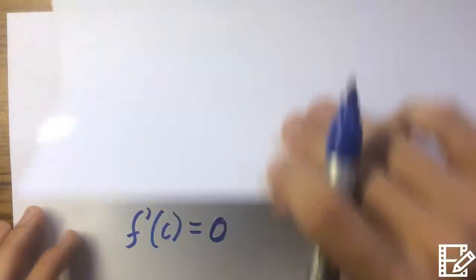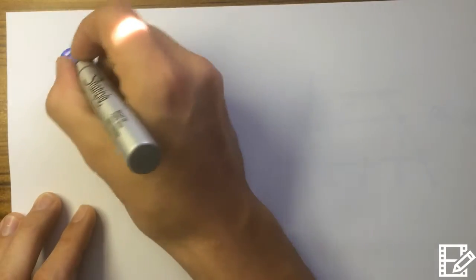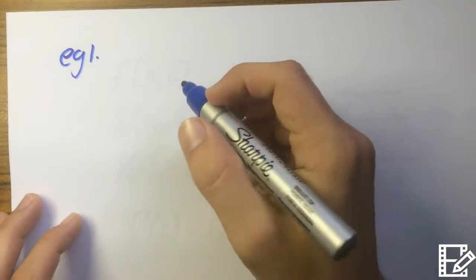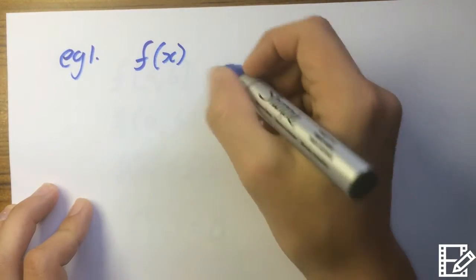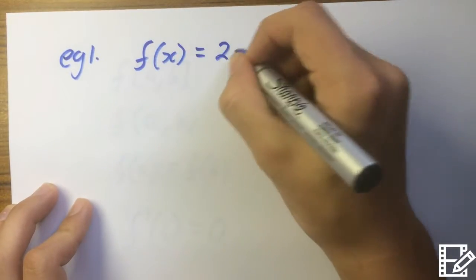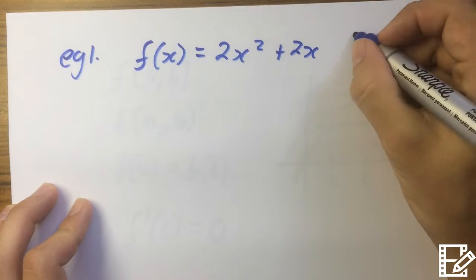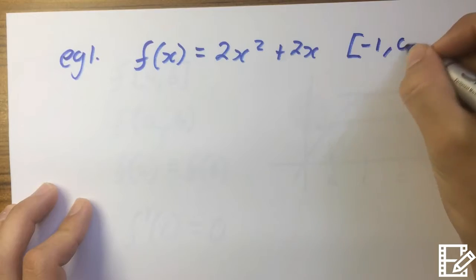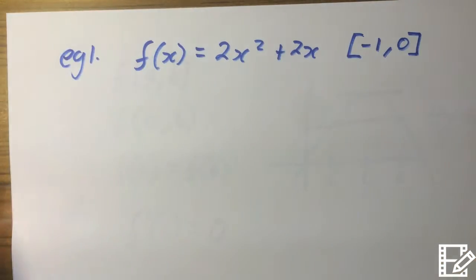Anyway, so let's do example 1. We have a function which equals 2x squared plus 2x within the domain of -1 and 0. I'll try and use a different pen.